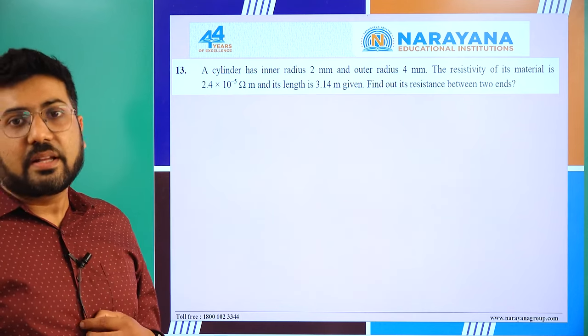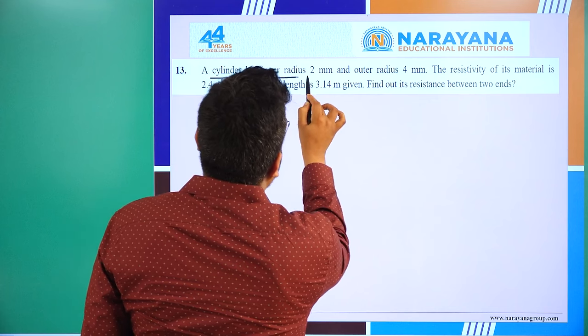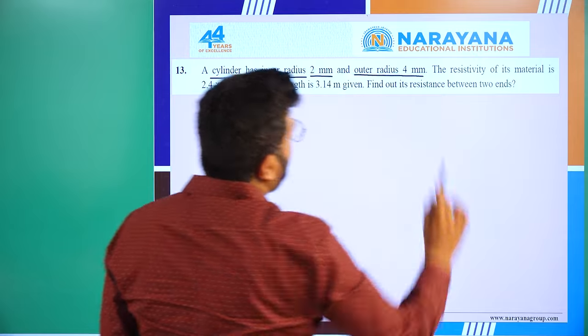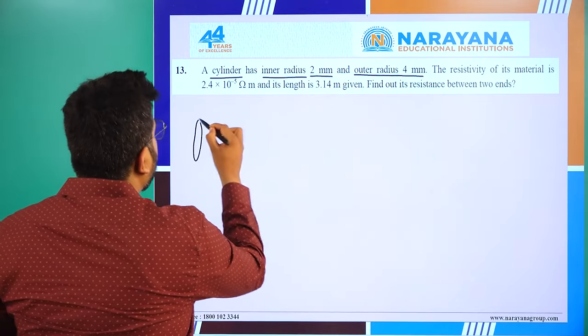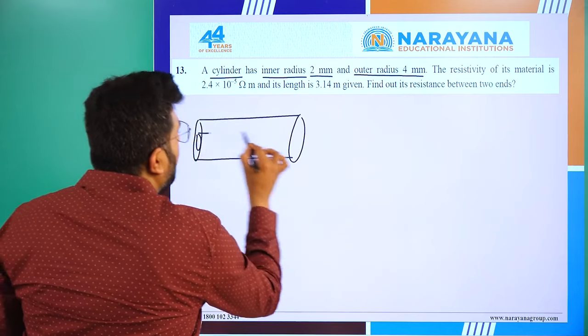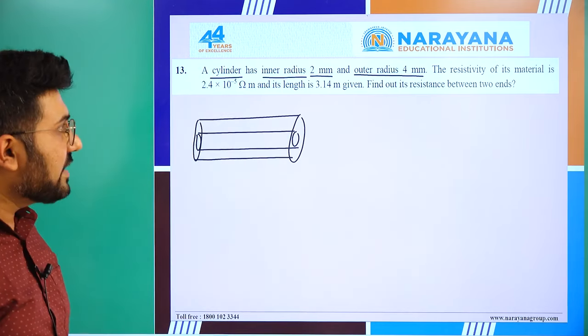In this question they have given that the cylinder has inner radius 2 millimeter and outer radius 4 millimeter. So this is the cylinder, they have given you the inner radius as well as the outer radius.